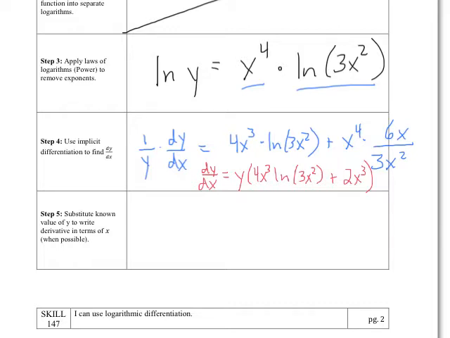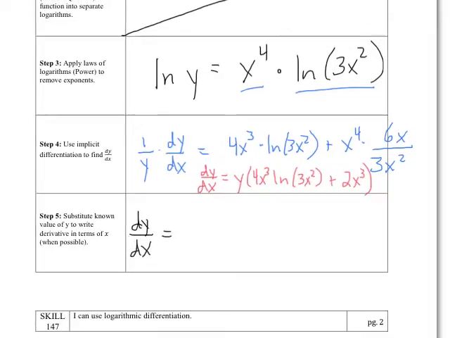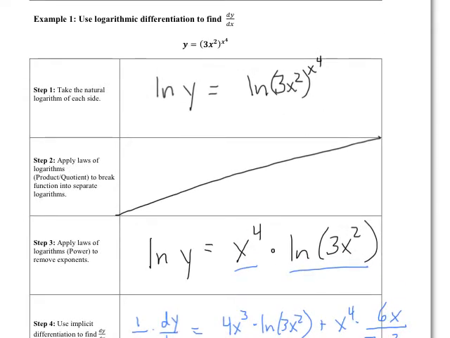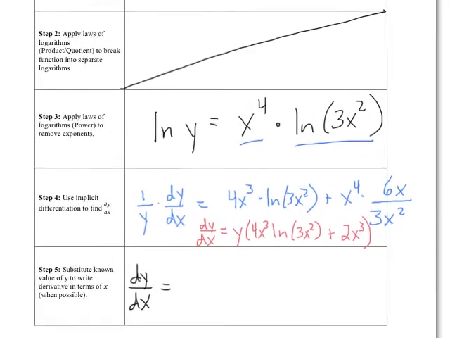Finally, in step 5 it says substitute the known value of y to write the derivative in terms of x. So our derivative in terms of x, we know that our y was (3x squared) to the x to the fourth.